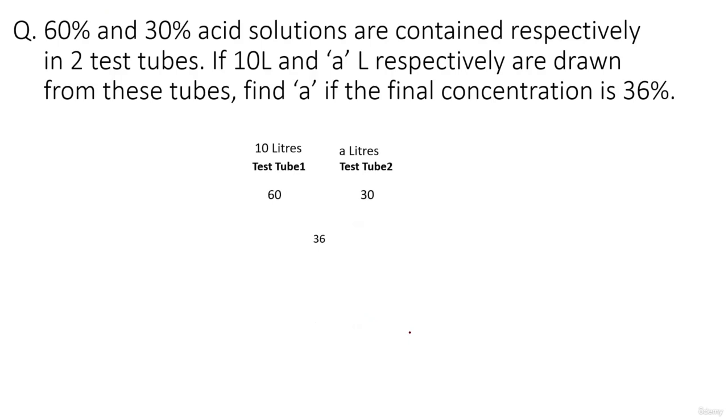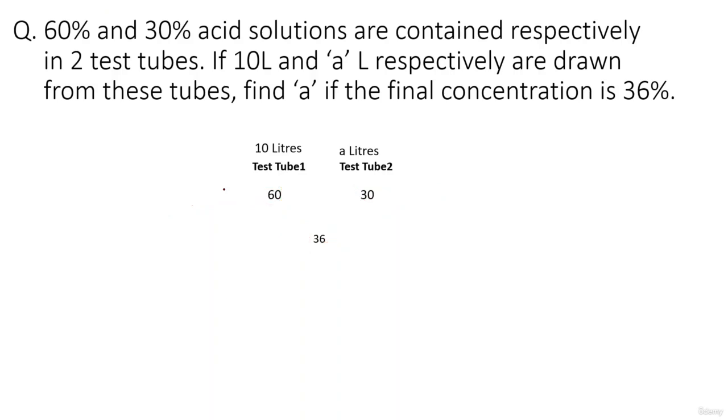One very important point to observe is that the weighted average will always lie between these two values. The lesser value is called the cheaper quantity, and the higher value is called the dearer quantity. The weighted average will always lie between the dearer and the cheaper quantity. Makes sense, right? Because you are mixing 30 and 60, the answer should lie in between them.